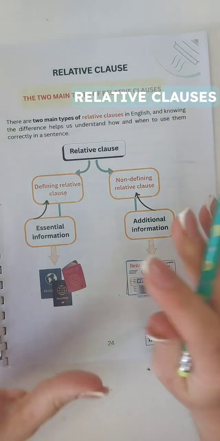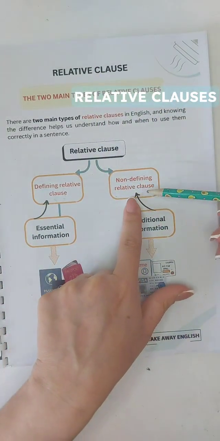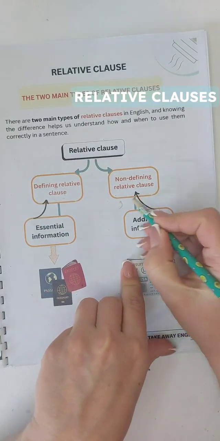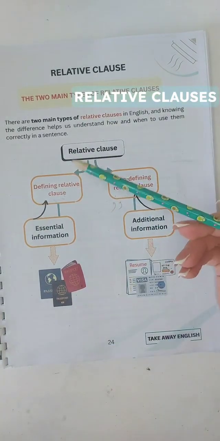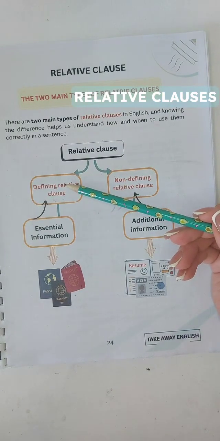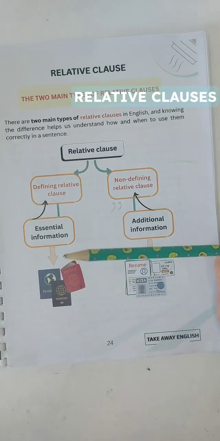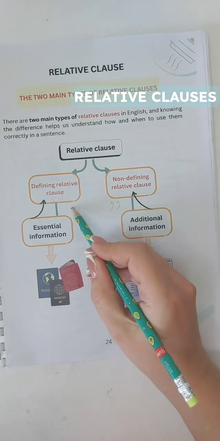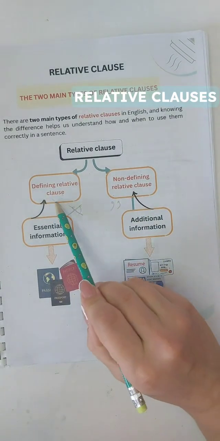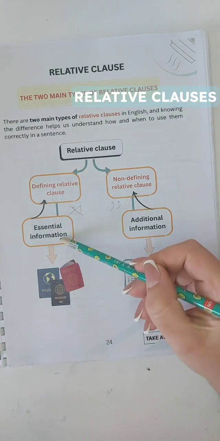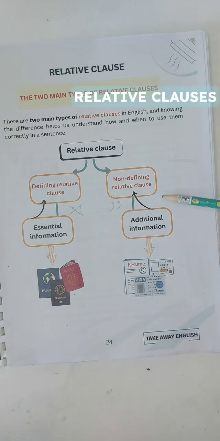With non-defining relative clauses, we use commas. Whereas with defining relative clause, we never use commas. Never. Because defining relative clause provides essential information, whereas non-defining provides additional information.